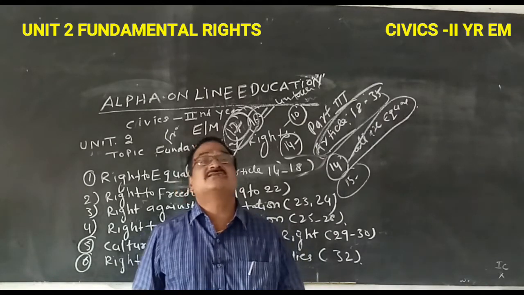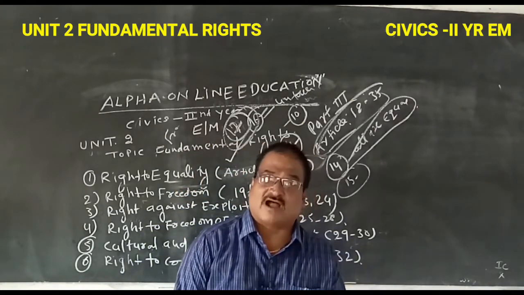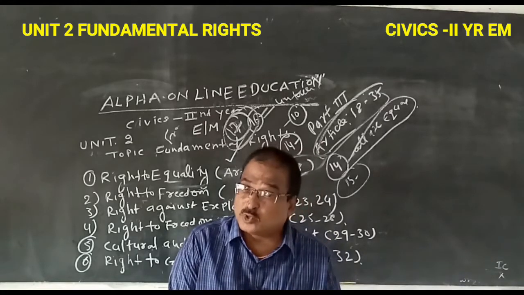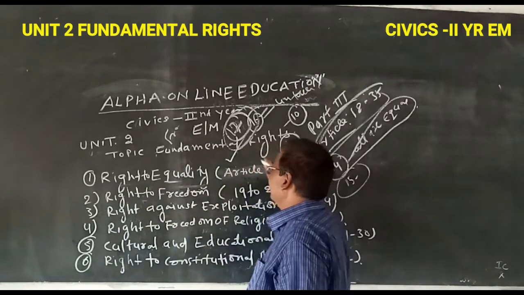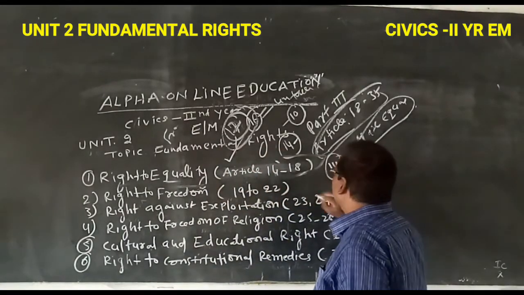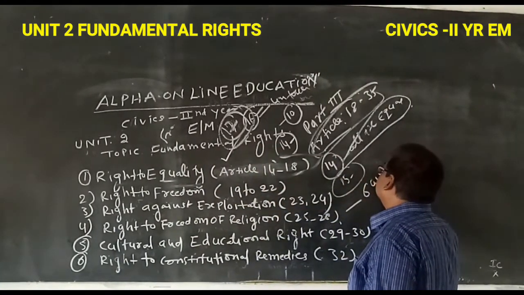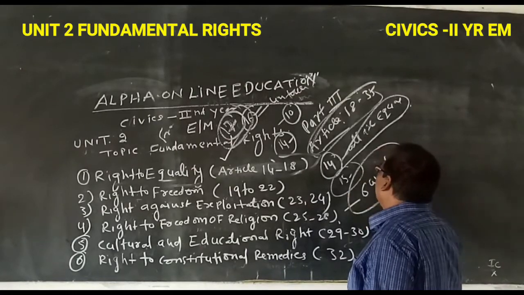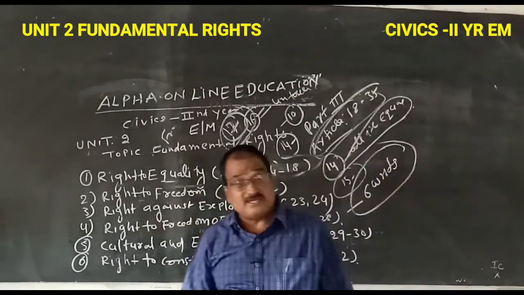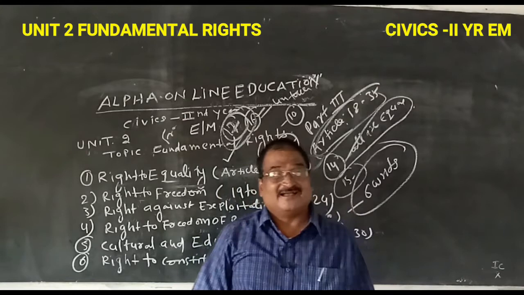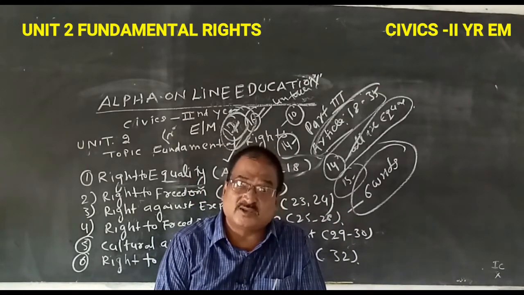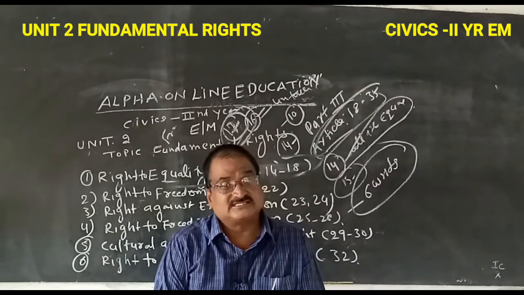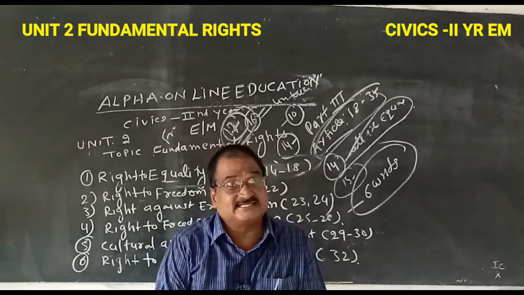If there is any damage to your fundamental rights, you go to the court, and the court issues six writs: habeas corpus, quo warranto, certiorari, mandamus, prohibition, and injunction.